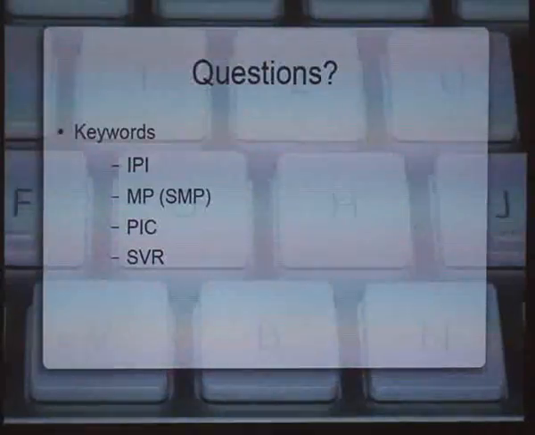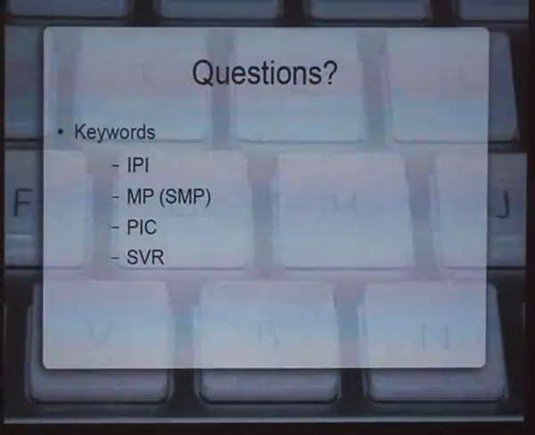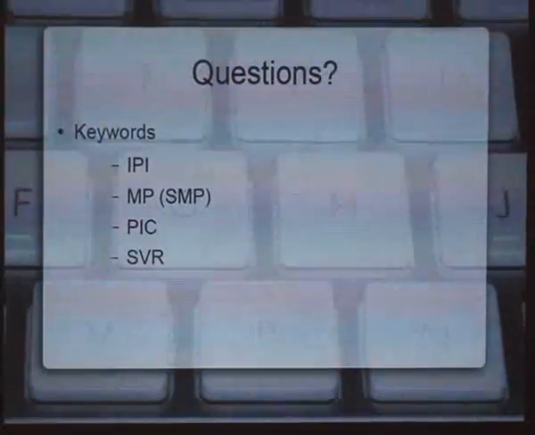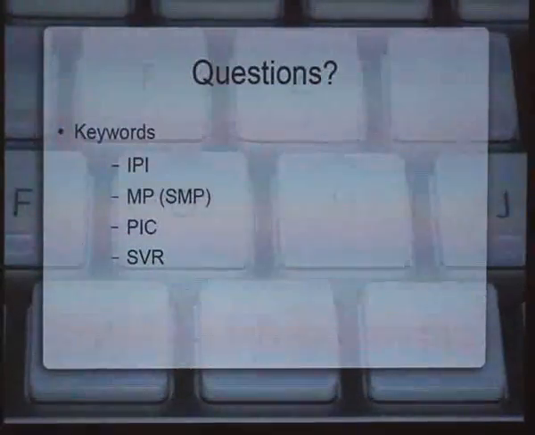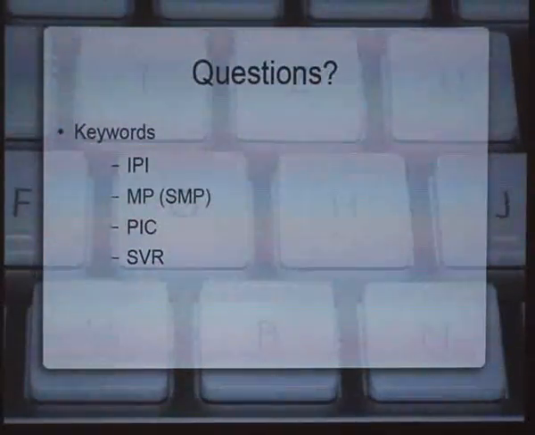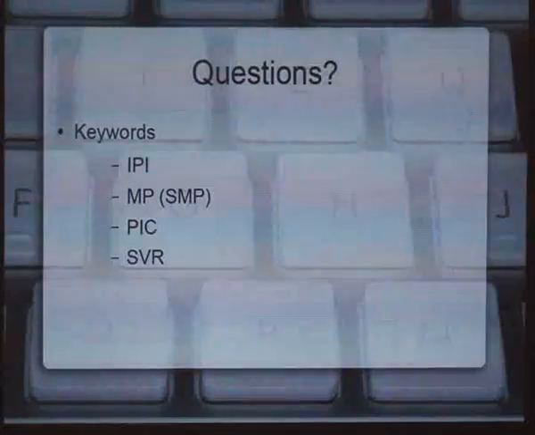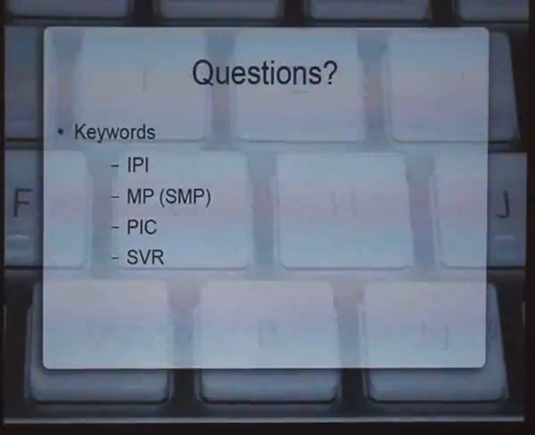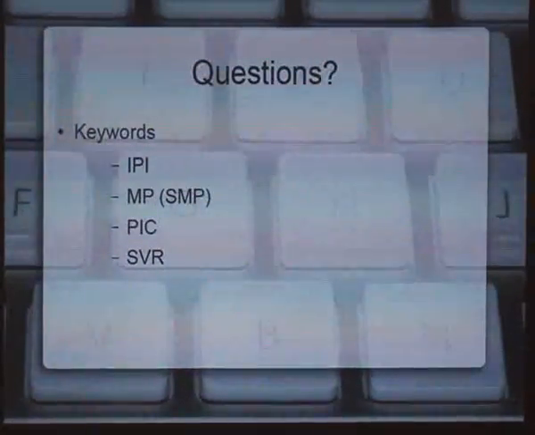What's new in xAPIC and x2APIC? They have one interesting bit disabled. It's the pending interrupt. When you send an IPI, you can check the ICR to see if the interrupt was sent or it's still being sent. With new versions, the bit is reserved, and the whole register is only readable for debugging reasons.